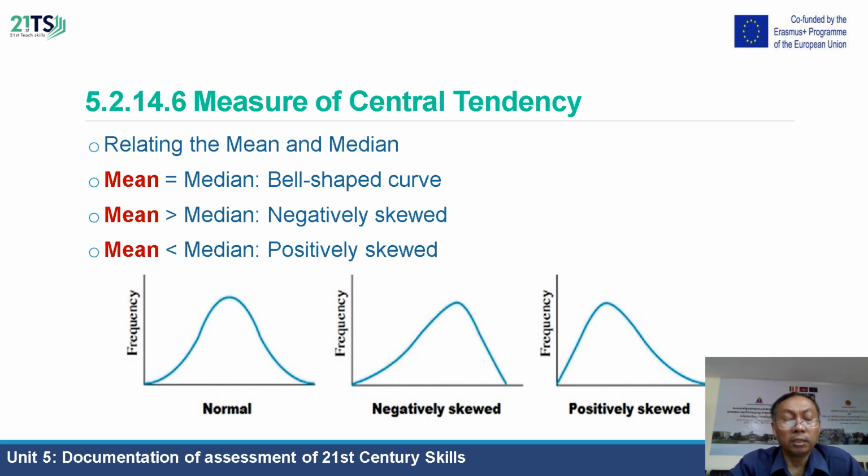It means that the distribution tends to the right. When the mean is less than the median, it is positively skewed. It means that the distribution falls to the left.